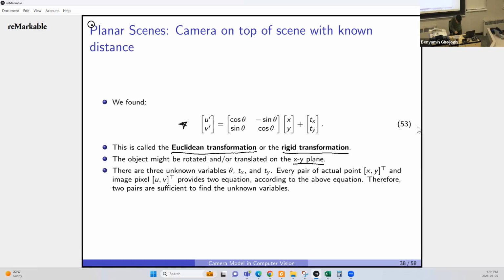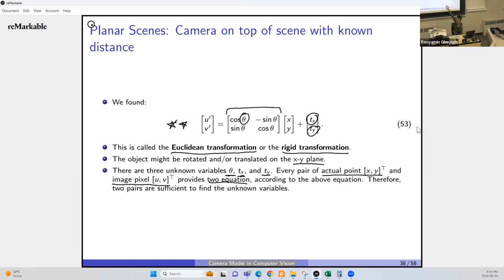So you have different transformations. There are three unknown variables: theta, tx, and ty. The whole rotation matrix has one unknown, which is theta, plus tx and ty. Every pair of an actual point xy, in the 3D planar object, and its image pixel uv provides two equations, as we saw in this equation.